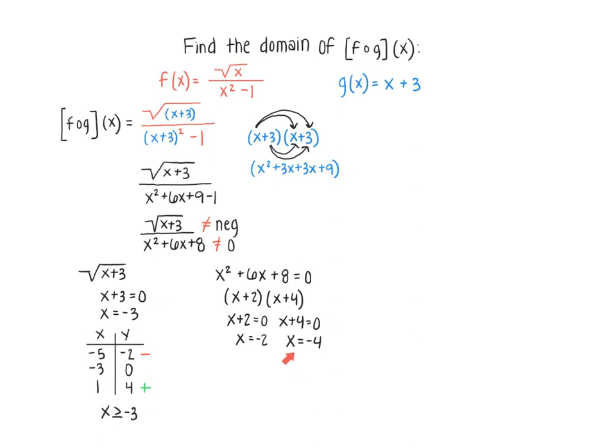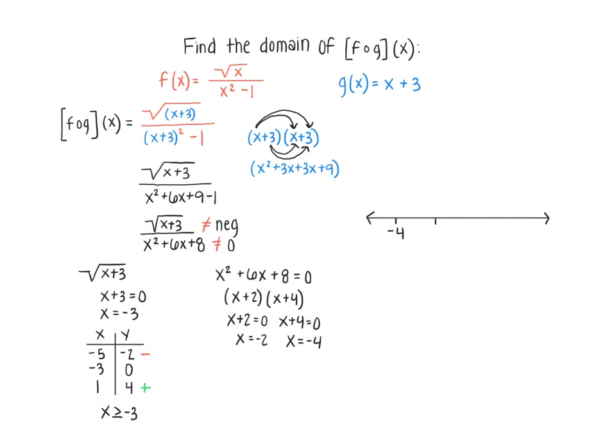So I'm going to go ahead and write out a number line to put this information on there, and we're going to finish by writing out our domain. So this is my number line, and I'm going to go ahead and label all this information. We found negative 4 as one of our x values.